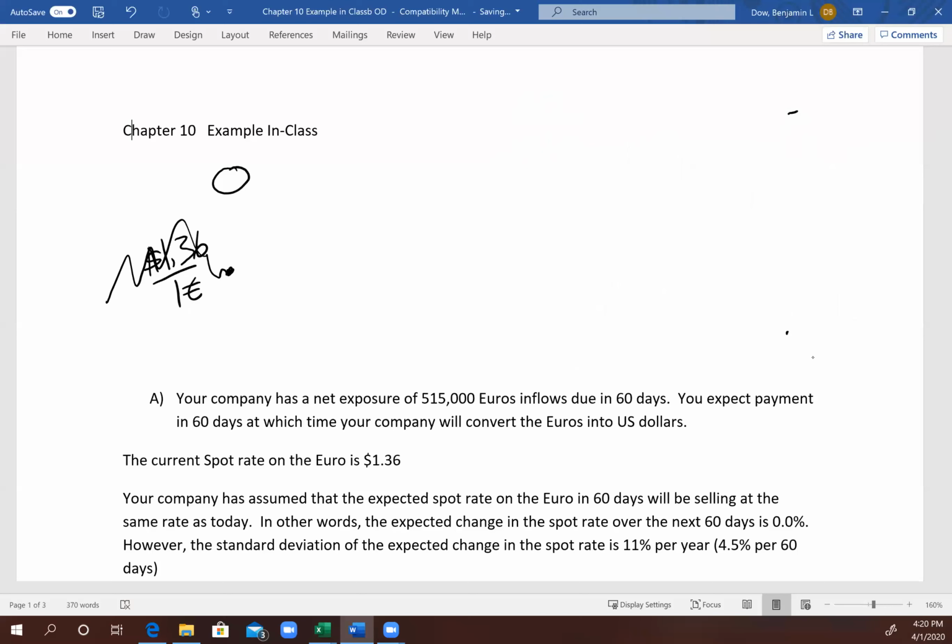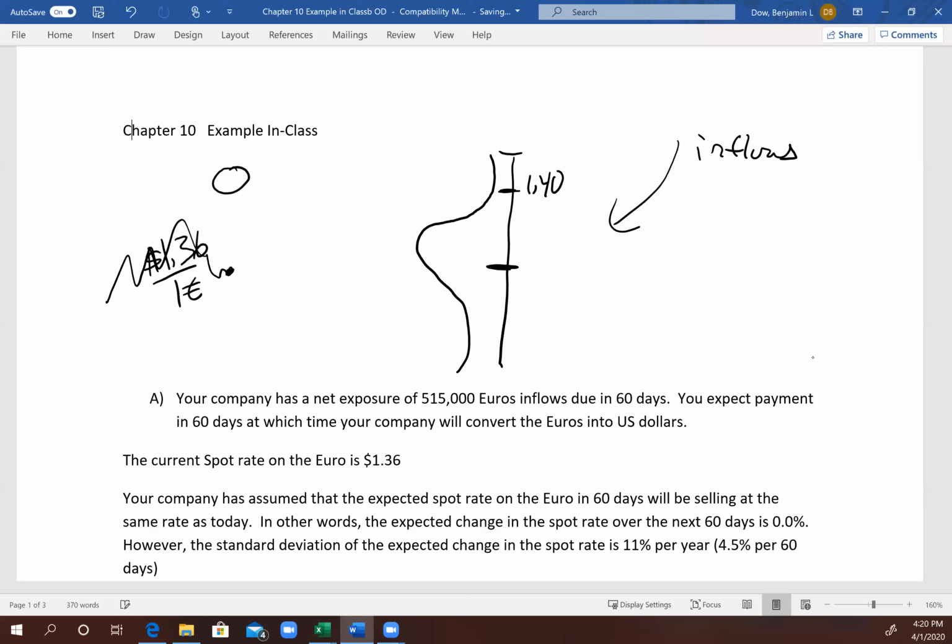But the problem with it is that for us, we're only worried about one side risk. Because if you've got inflows coming in, do you care if the euro spikes in value? Do you really care if the euro goes up to 140 or 150?